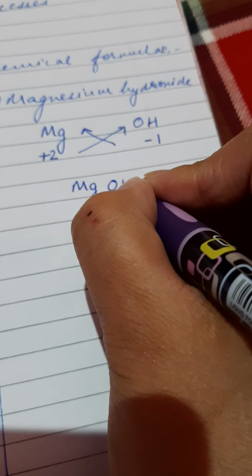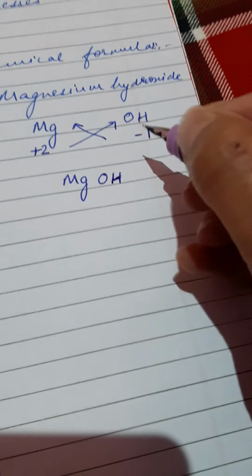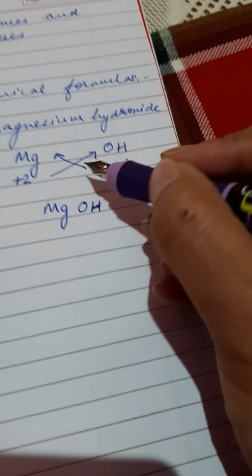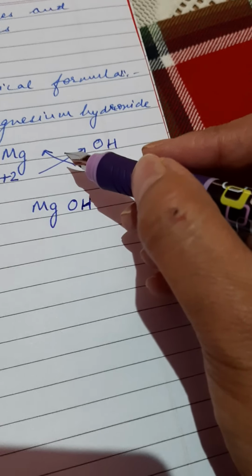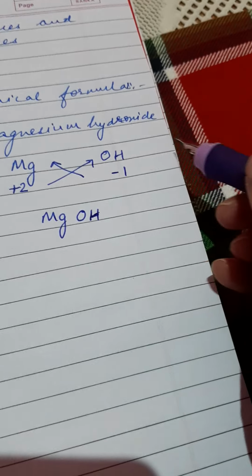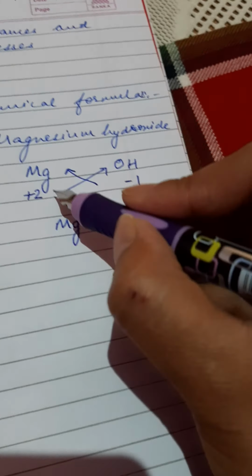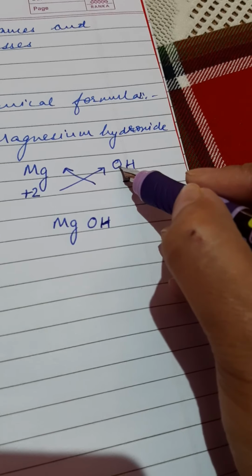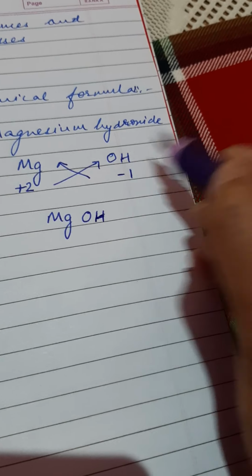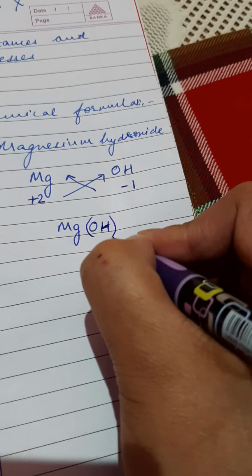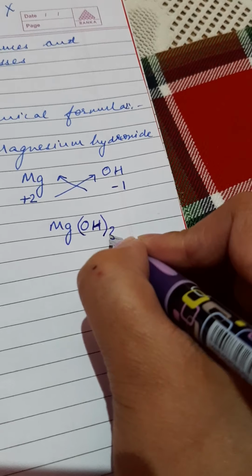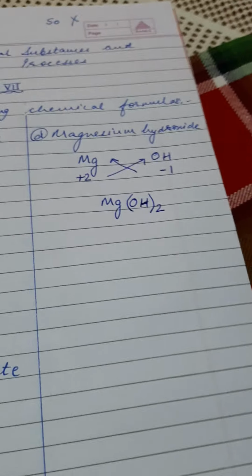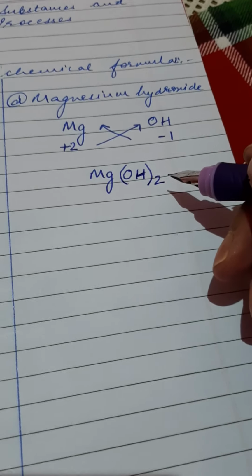Now in this case what you have to remember is it is something like maths. Okay. So in maths you have whichever number is outside the bracket, it applies to everything inside the bracket. Okay. So this 2 applies to both oxygen and hydrogen. So in this case you are going to put a bracket around it and you will put the symbol 2. Okay. So this becomes magnesium hydroxide.